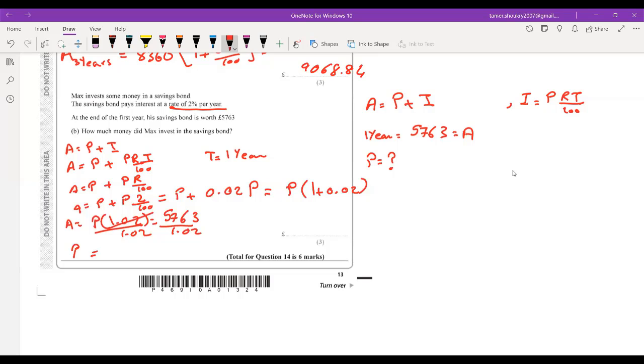We are going to have 5,763 over 1.02, which is equal to 5,650. So he started with 5,650, and after 1 year, it became 5,763, simple interest, 2% the rate.